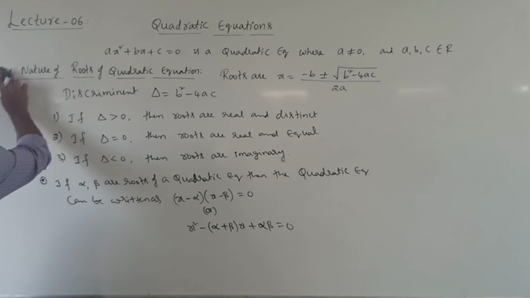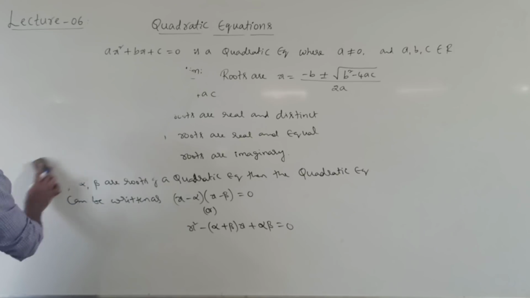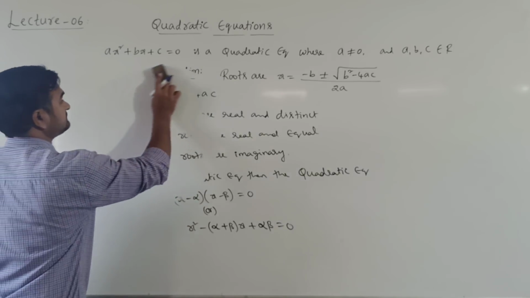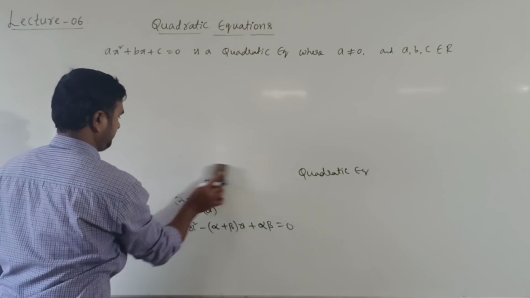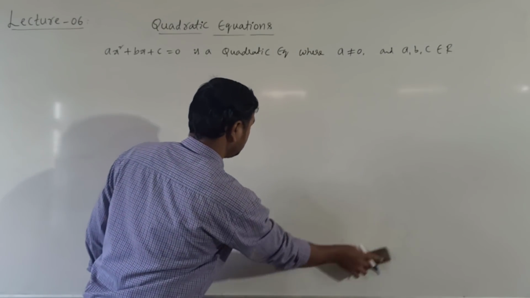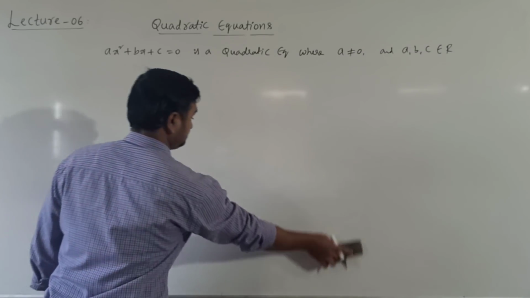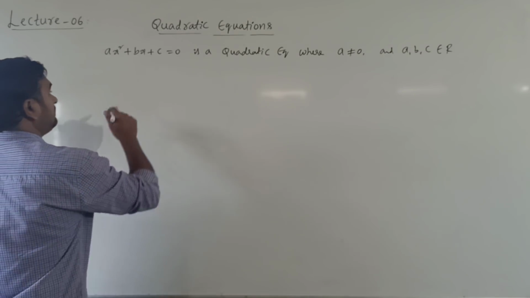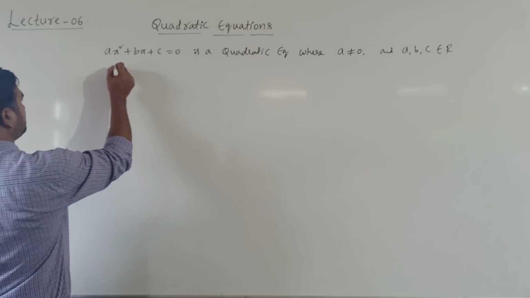Next, for the given quadratic equation, we know how to find the sum of roots and product of roots. So for this equation, what is the sum of roots formula?